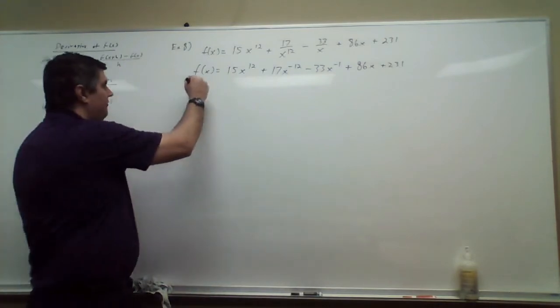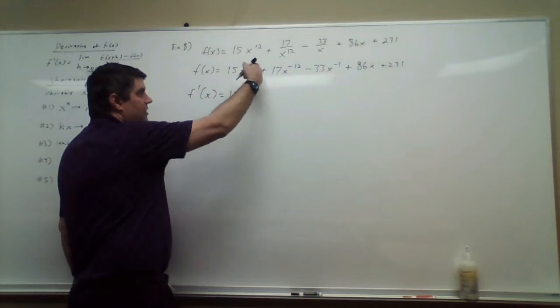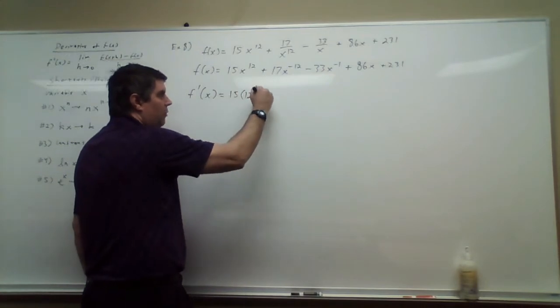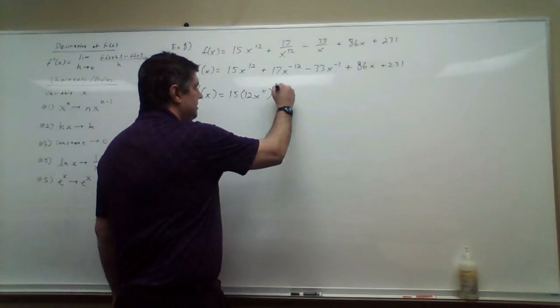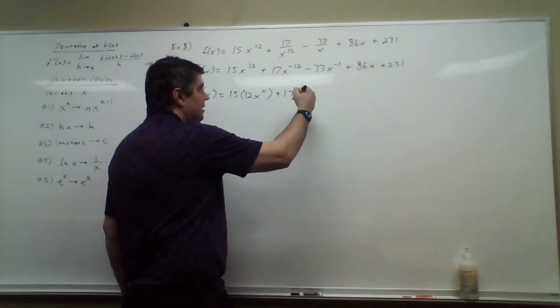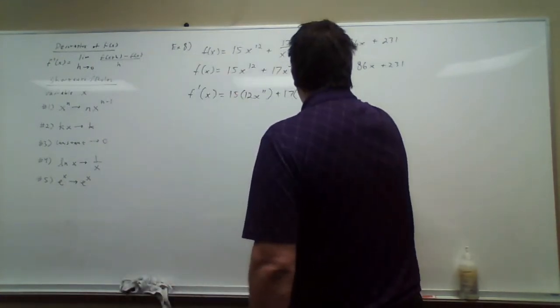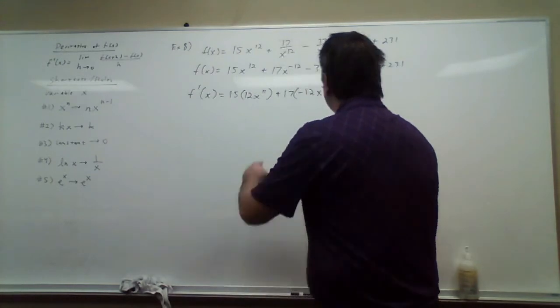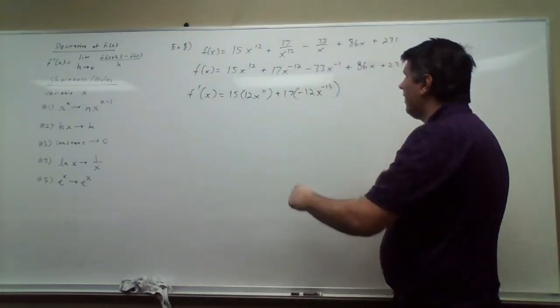Okay? So f prime of x is going to be 15, and the 12 will go to the front, and I will go down a power to 11. Plus 17, the negative 12 would go to the front, and the power of x would go down 1 to negative 13. Be careful about that. That's not negative 11.